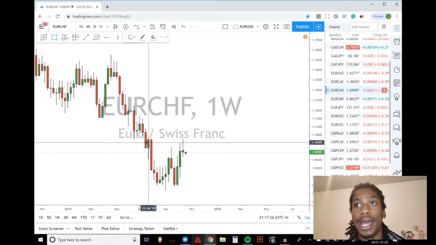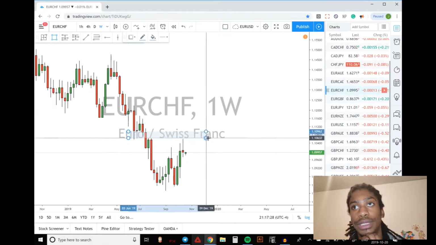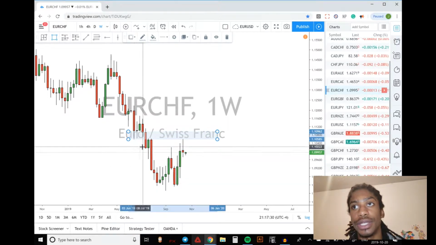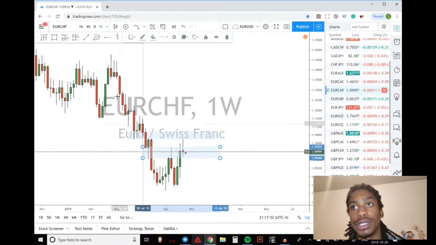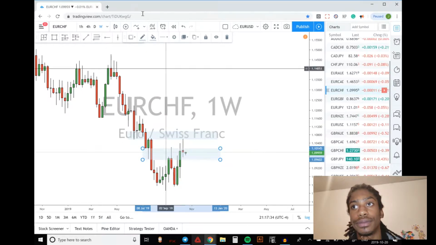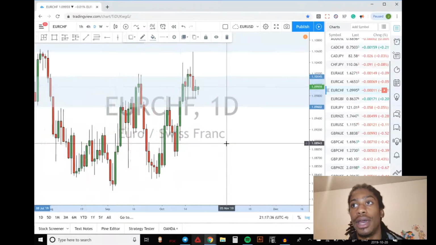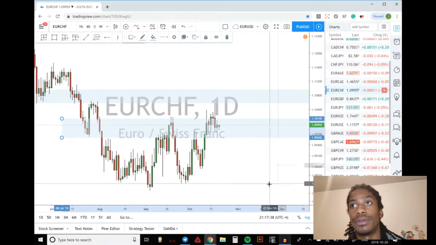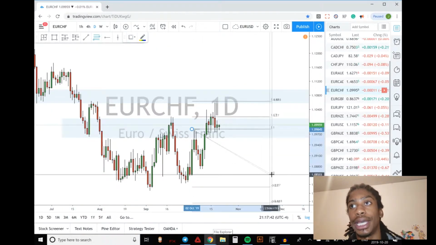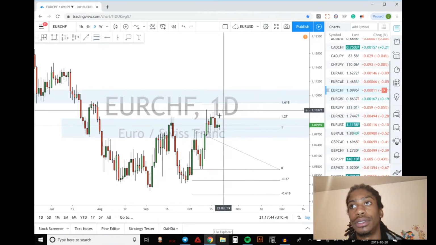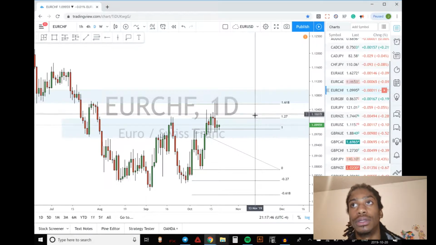We do have a resistance area here and a resistance area here. Now the daily time frame, using a special technique I have, this price is looking to fall.